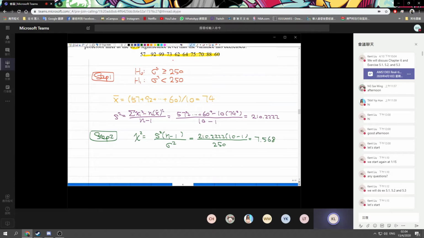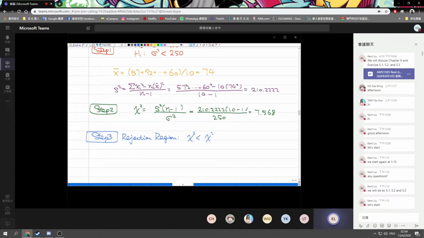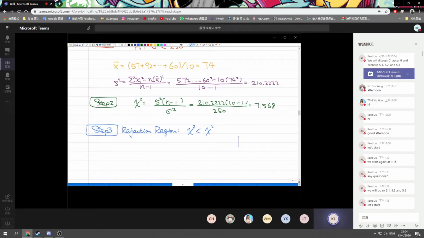And now we can put down our rejection region, which is chi-square less than chi-square. Because here we see this is less than, so the things will be on the left side. And specifically, the rejection region we are looking at is like this.